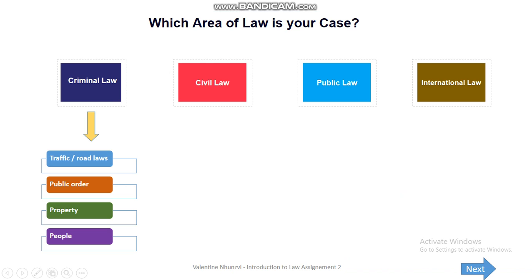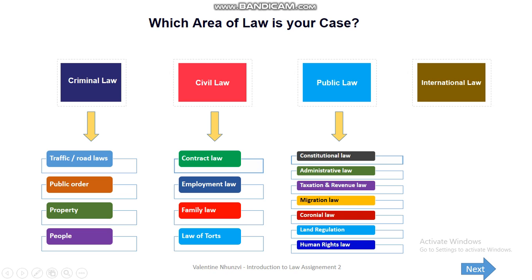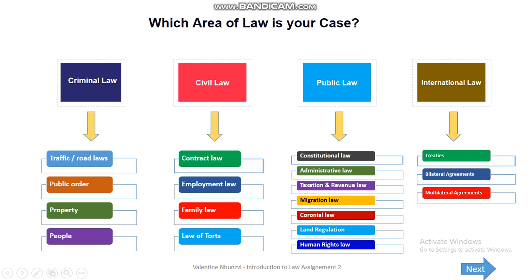Civil law looks at contract law, employment law, family law, torts. Public law breaks down into administrative law, migration, human rights. And international law looks at treaties, bilateral agreements, multilateral agreements.